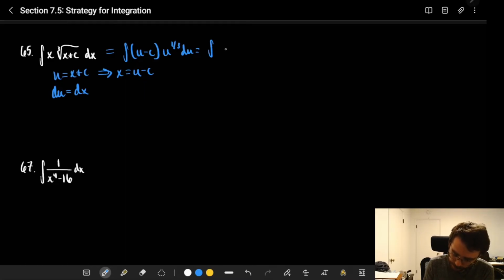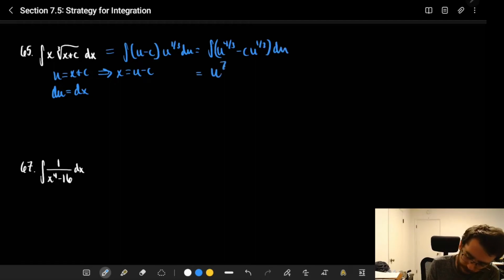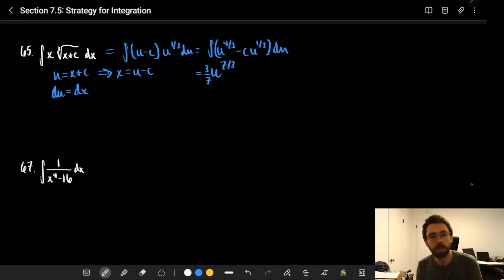And this is pretty standard at this point. U times u to the 1/3 is u to the 4/3. Let's put parentheses. Minus c u to the 1/3 du. U to the 4/3, if I add 1 to it, I get 7/3, divided by 7/3, so multiply by 3/7.